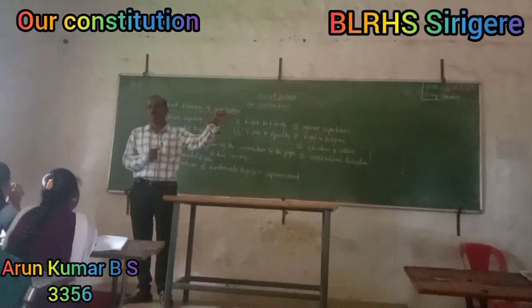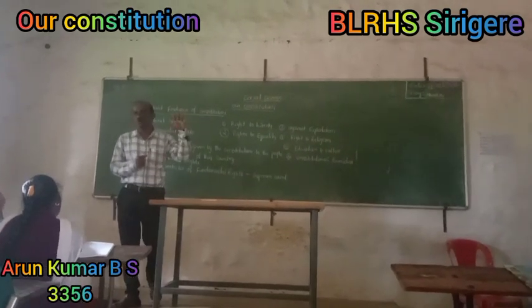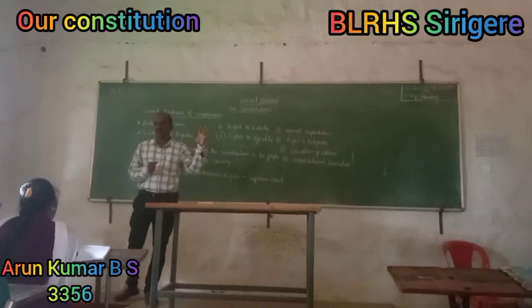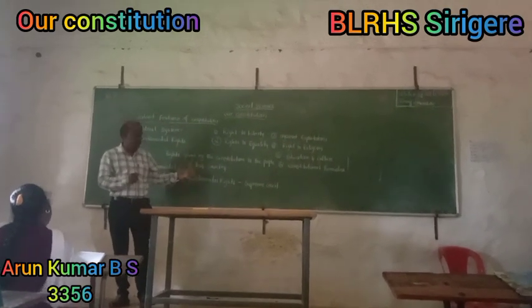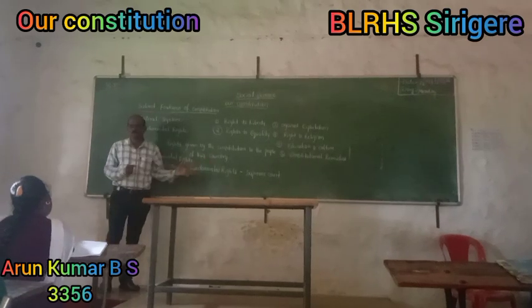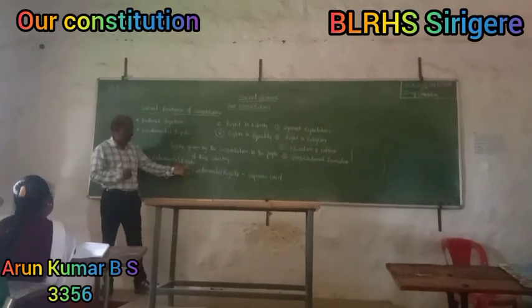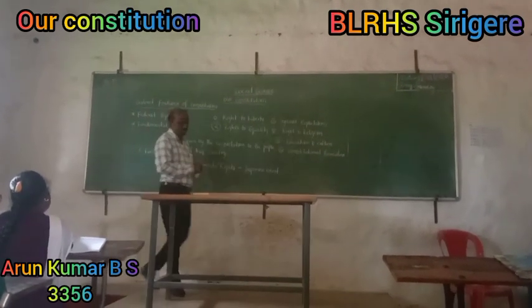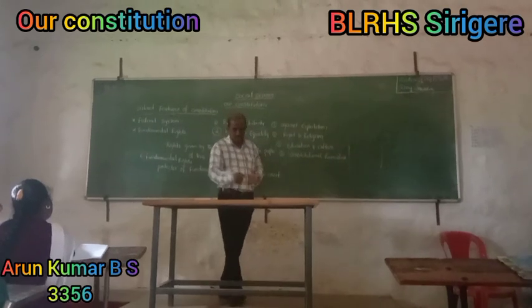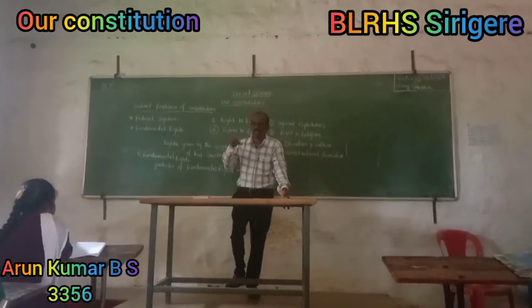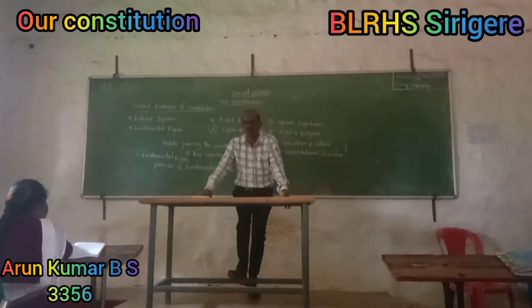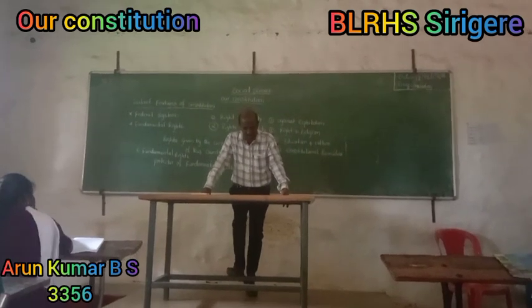So the Supreme Court allows us to appeal against the taking away of fundamental rights. That's why the Supreme Court has been called the protector of fundamental rights. In the next topic on fundamental rights, we can go deeply into them.